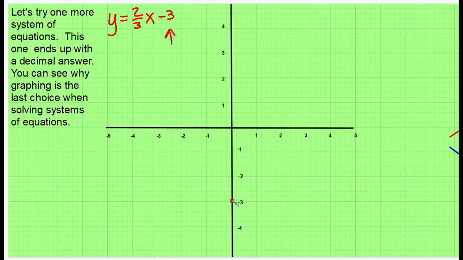This is our y-intercept, so we start at -3 and put a dot. And this is our slope, which means we go up 2, because it's positive, and right 3. And we put our next dot. Now let's draw the line.